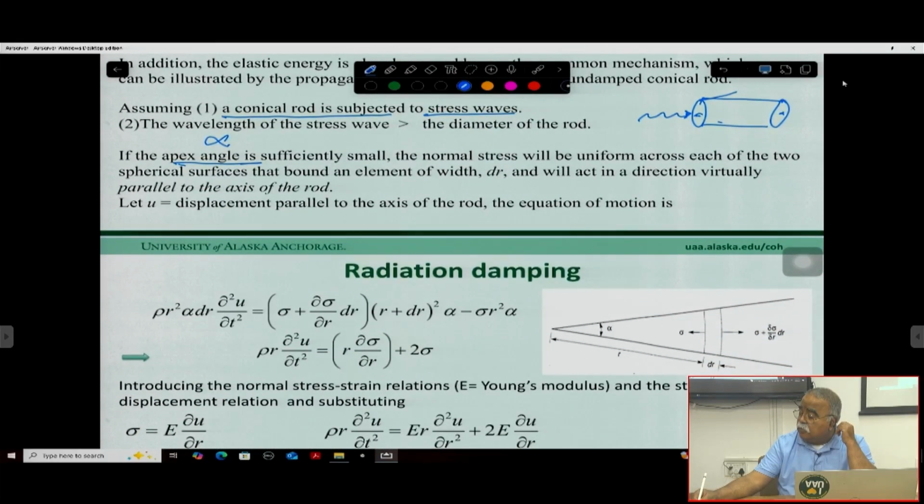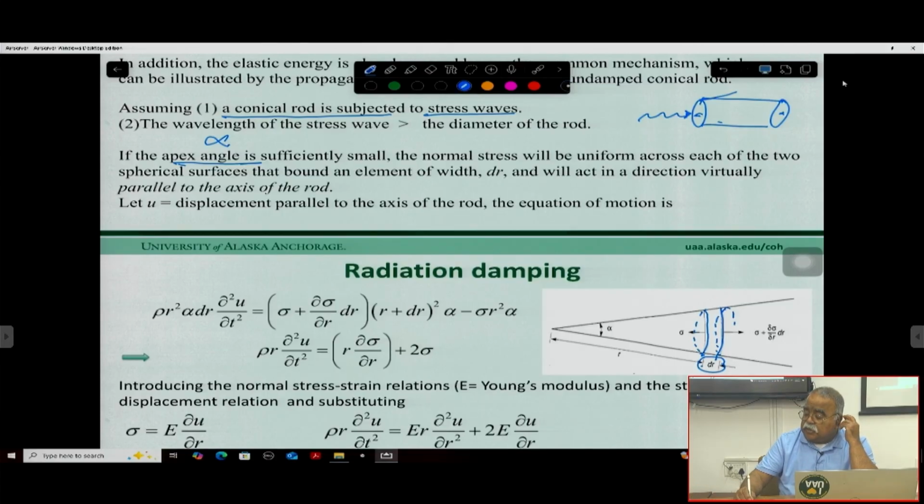This is a very small solid surface we can assume. So this is one surface of the cone, and this is another surface of the cone. In between these two surfaces the distance is dr, and wave energy is coming from here, and energy is leaving here.